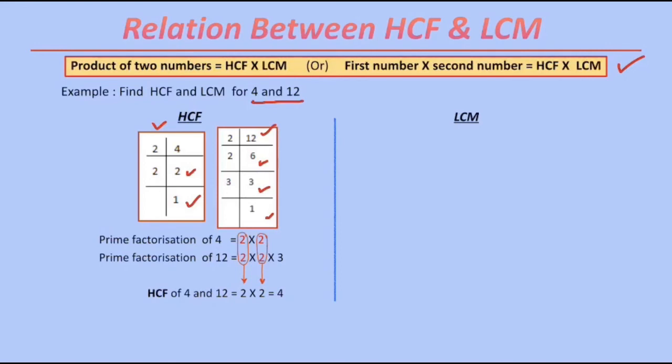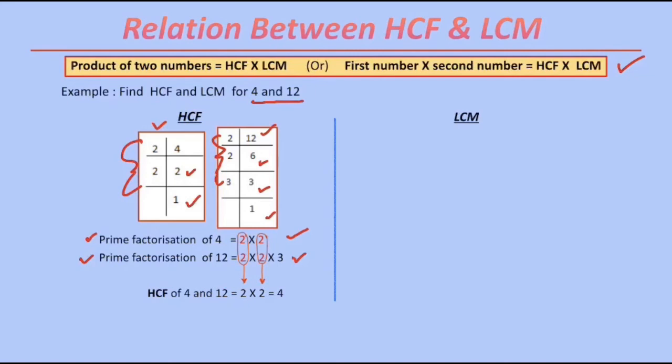According to the formula, for finding the HCF, we have to list out the prime factors for both the numbers. Prime factorization of 4 is 2 into 2, and prime factorization of 12 is 2 into 2 into 3.